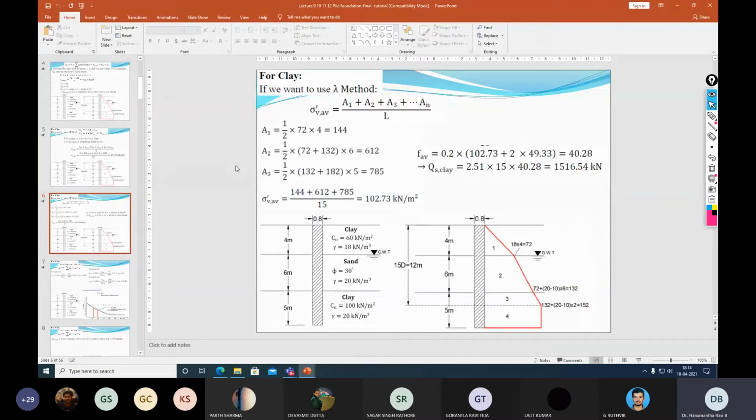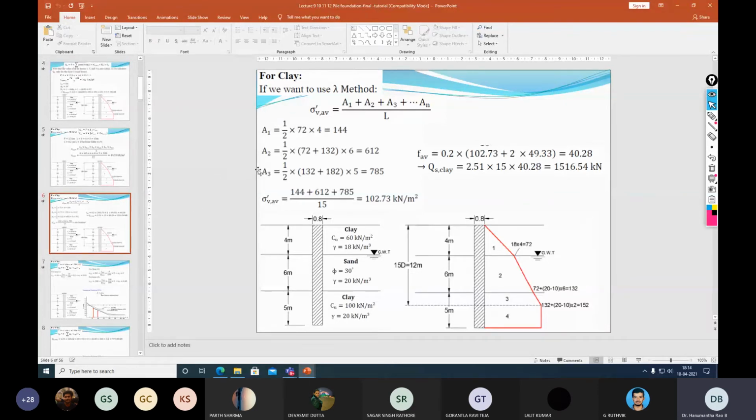When you say mean, mean doesn't consider sand differently or clay differently. It is the mean for the length of the pile. Sir, then we can't add the sand skin friction, because we have found that out separately. It will be the total skin friction, not only for the clay.